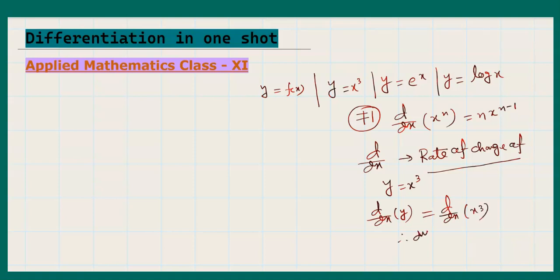So dy by dx is going to be 3x to the power 3 minus 1. So if the function y equal to x cube is there, then its rate of change at an arbitrary point x, which can have any value 0, 1, 2, 3, minus 1, whatever, we can get by using this formula.